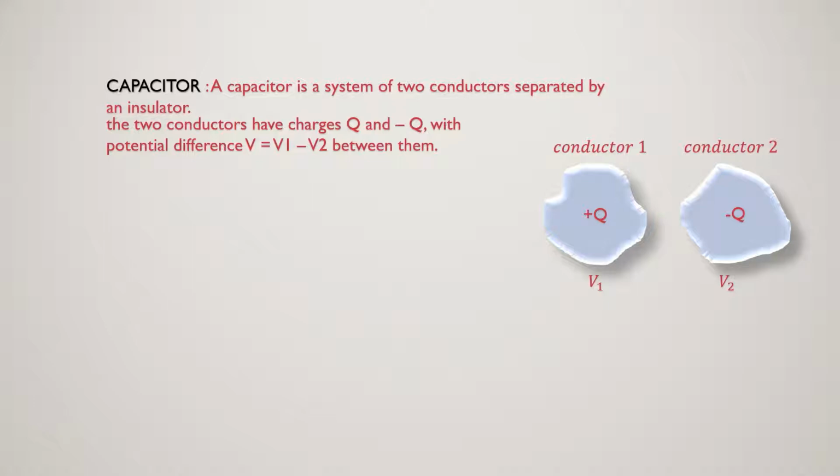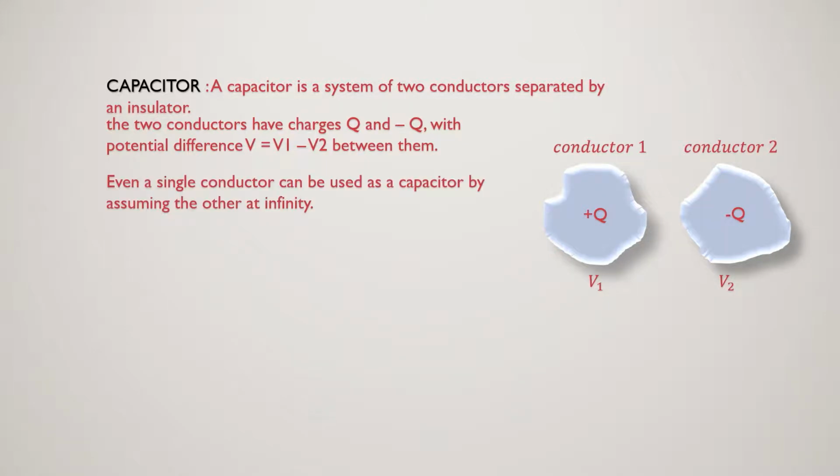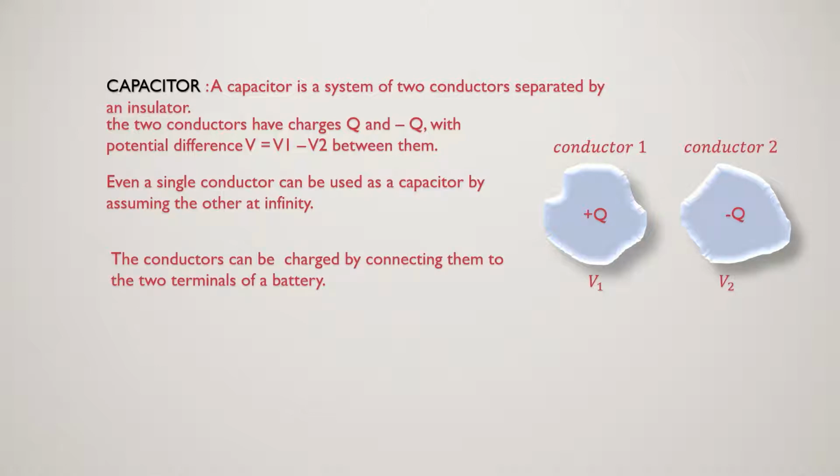The potential difference between the two conductors is V1 minus V2. Even a single conductor can be used as a capacitor by assuming that the other conductor is at infinity. The conductors can be charged by connecting them to the two terminals of a battery.